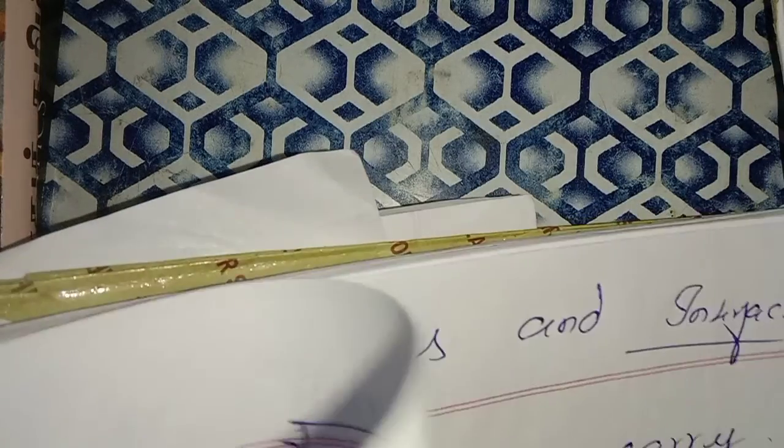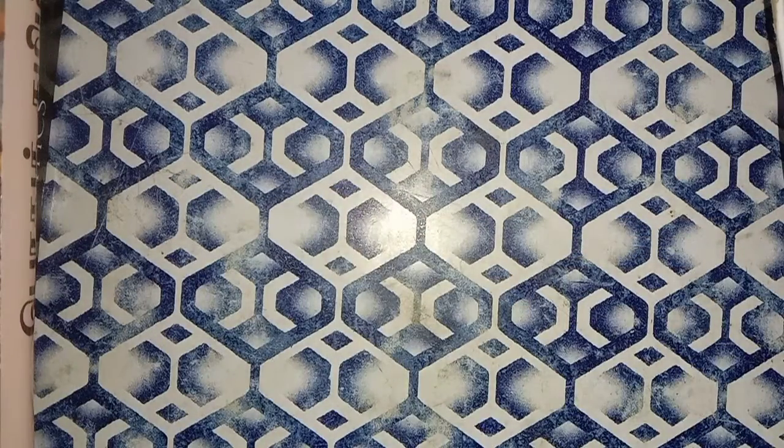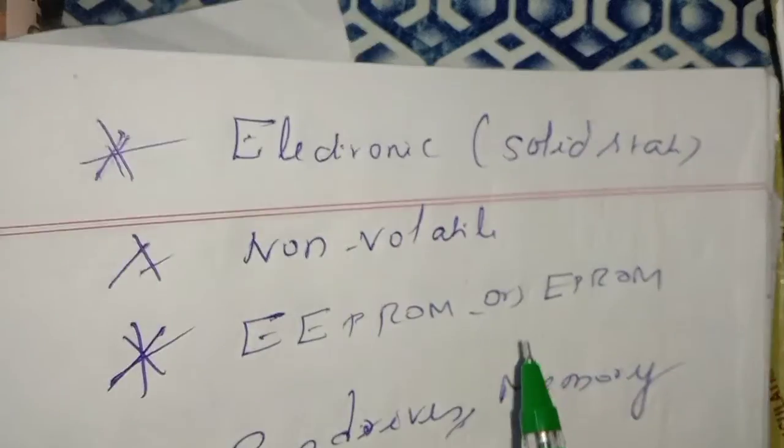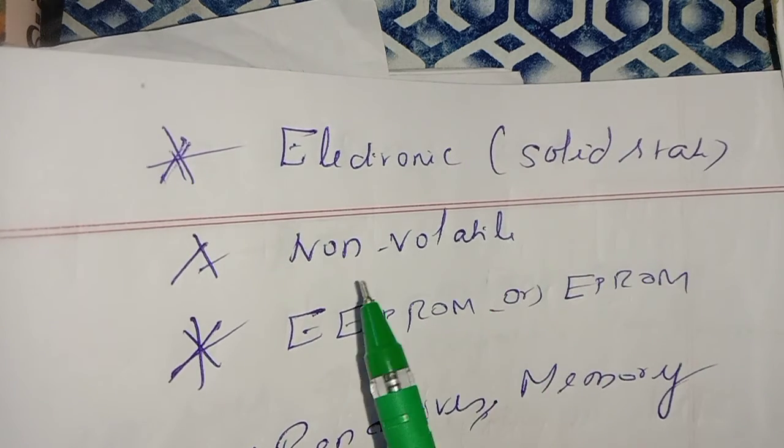Next, flash memory devices. What are flash memory devices? For example, electronic devices, solid state. Every such device will be solid state only. Take an LCD, a liquid crystal display: a liquid concept will be there, which is why they emphasize solid state.